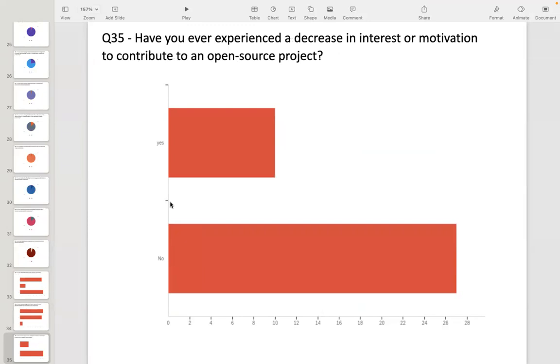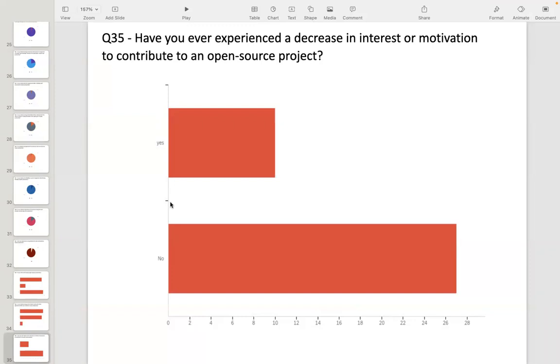Then I've added this question because I wanted to measure if a decrease in interest or motivation among team members in an open source project affects their productivity. It does affect the productivity, but we wanted to discover what reasons trigger the decrease in interest.